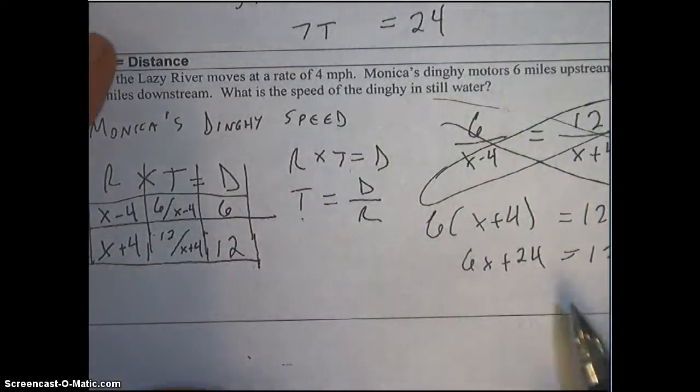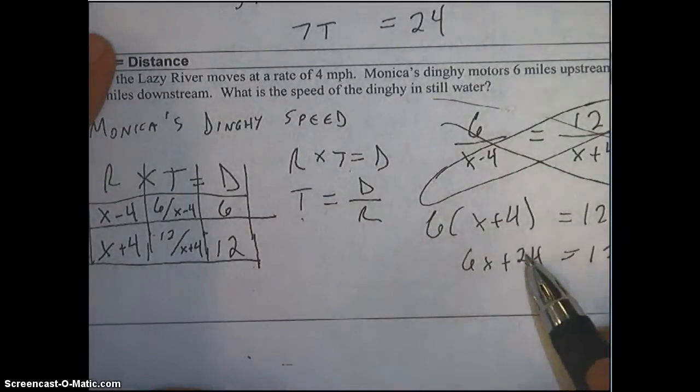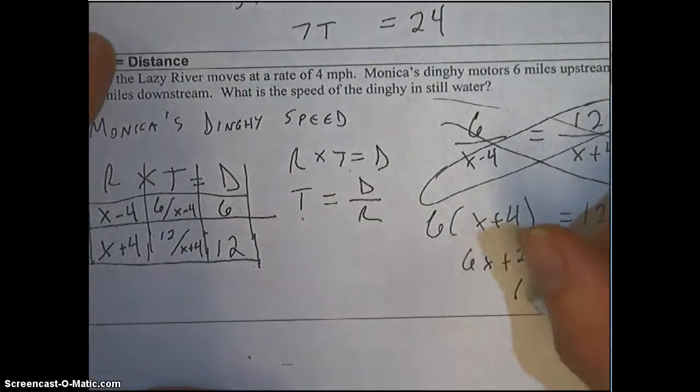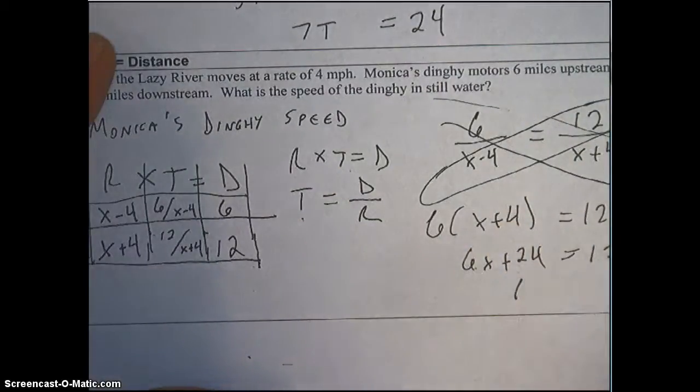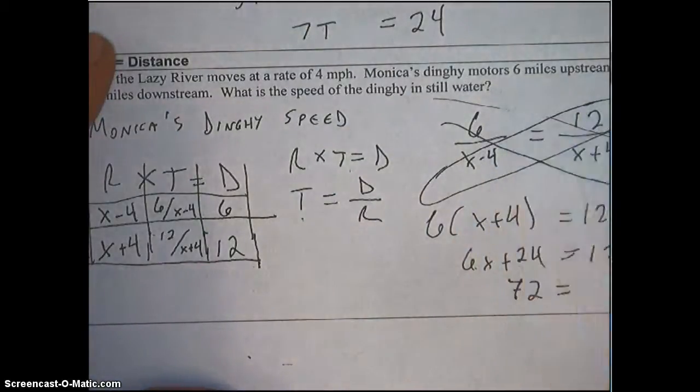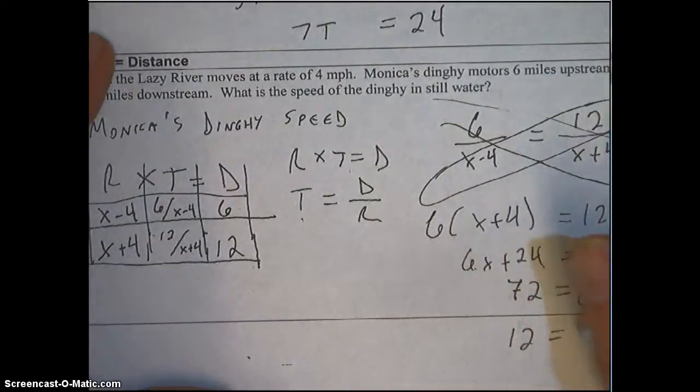Solve for x. Let's subtract the 6x and add the 48 to both sides. That's going to give me 72 equals 6x, or 12 equals x.